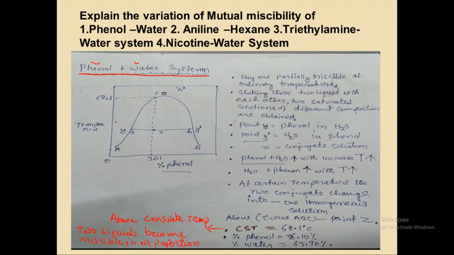So let us draw a graph of percentage of phenol versus temperature. A graph is plotted between A, C and B. This is temperature in degrees Celsius.